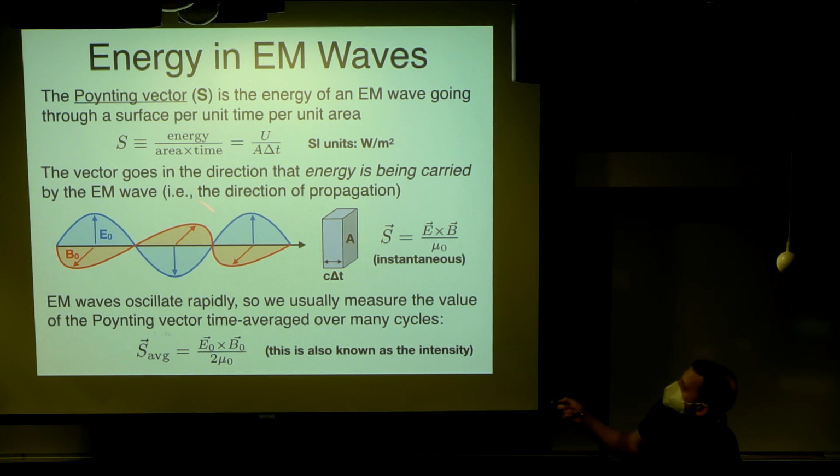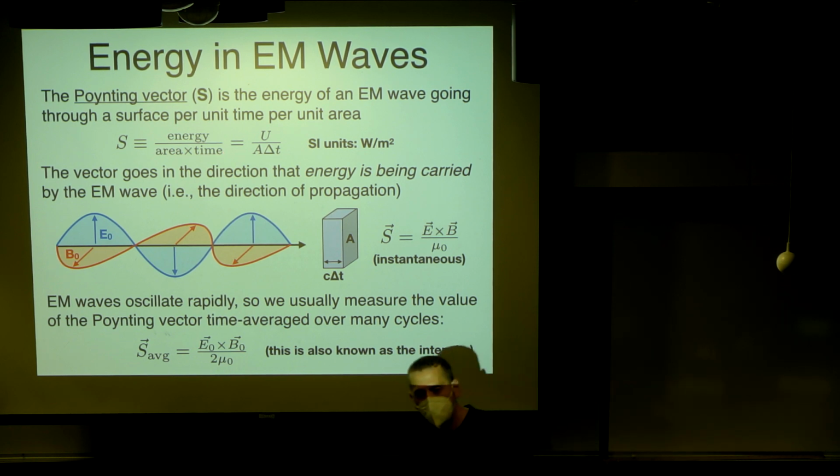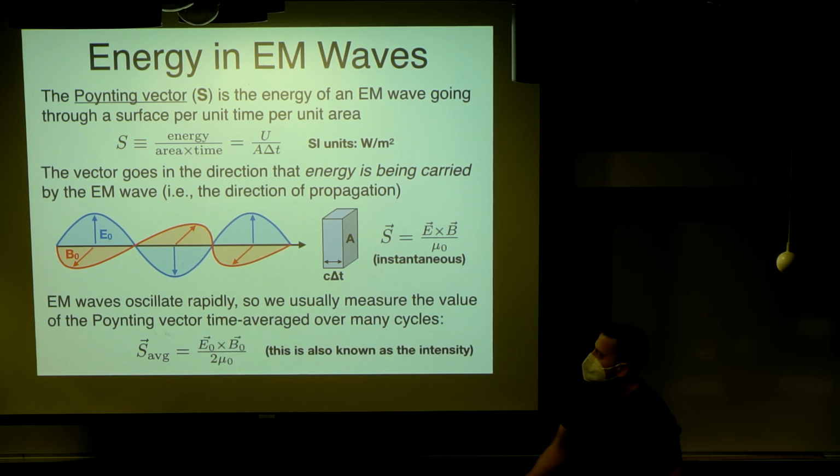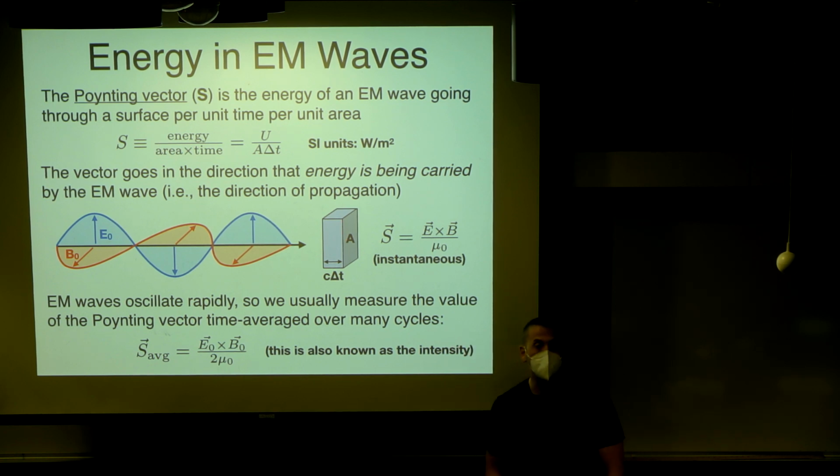Okay, so the basic definition here is the Poynting vector gives you the energy of an electromagnetic wave going through a surface per unit time per unit area. So this is the picture we should have in our mind. Let's say we have an electromagnetic wave like this, and let's say it's traveling to the right in this picture. So we can put up a little surface that the electromagnetic wave is going to hit.